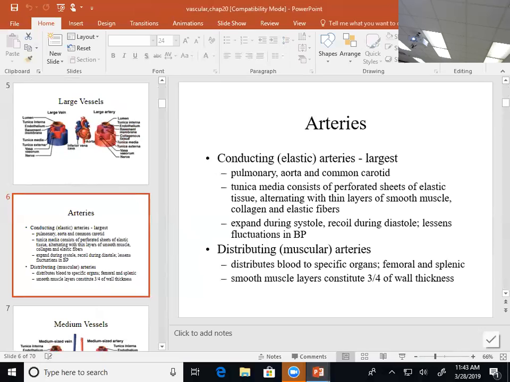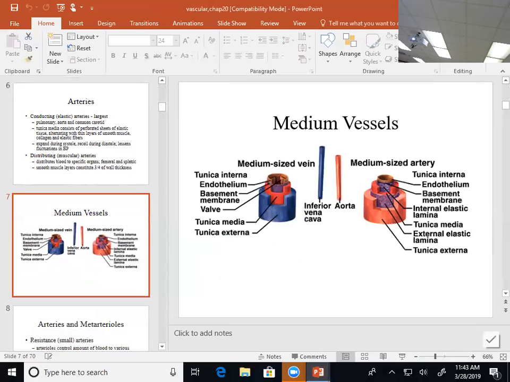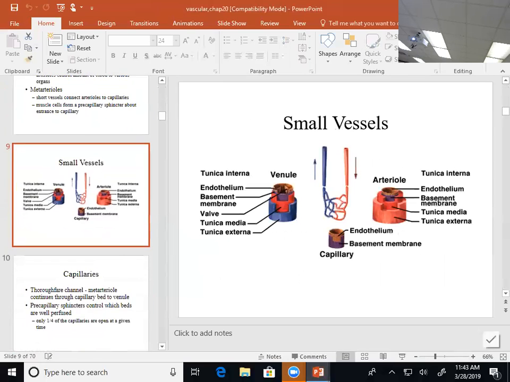No. Right. And we said these large arteries to medium-sized arteries to smaller arteries, that kind of makes sense, that the pressure's going down.